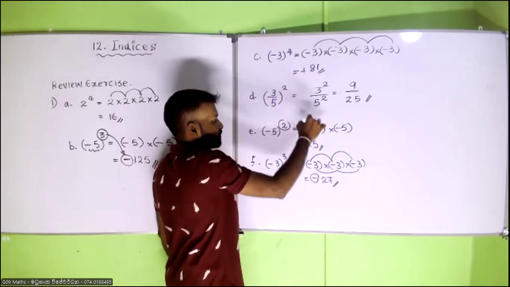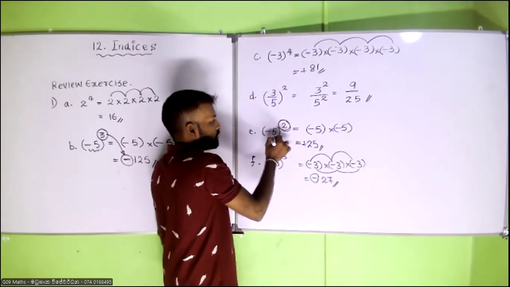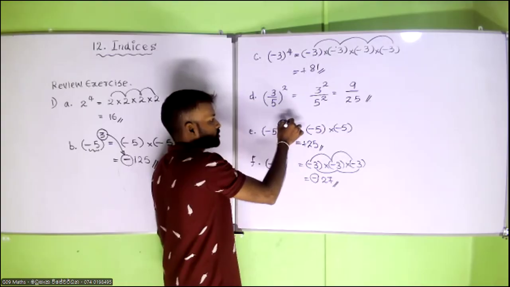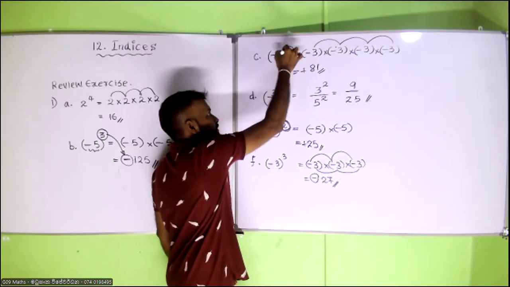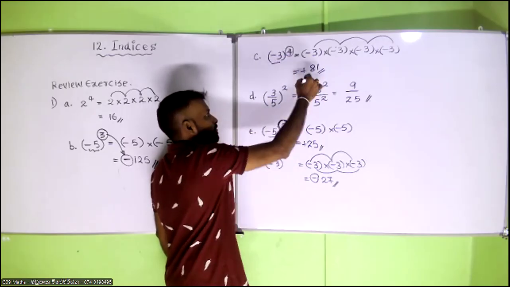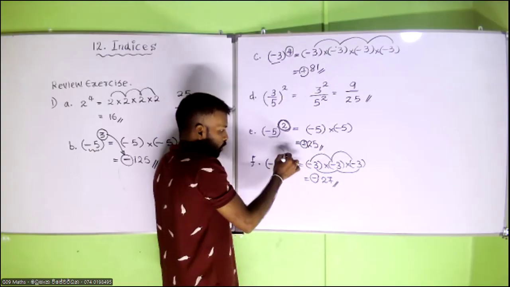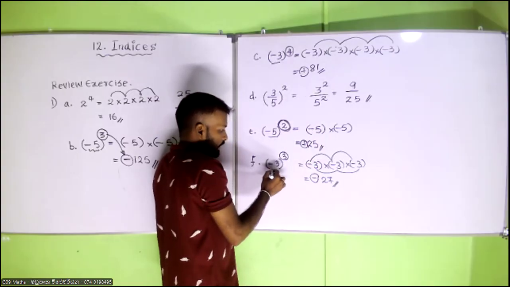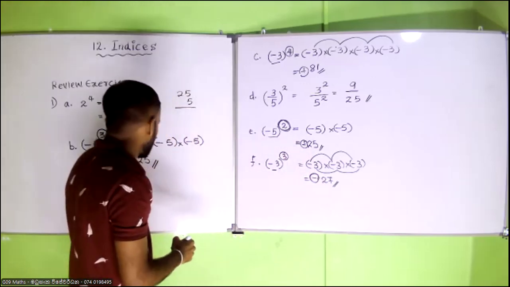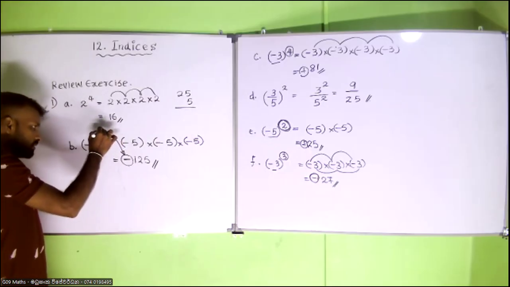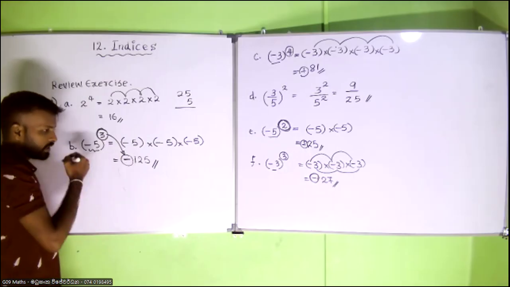Positive power, sorry, even power, negative number, final answer is positive. Odd power, negative number, final answer is negative. Odd power, negative number, final answer is definitely negative.